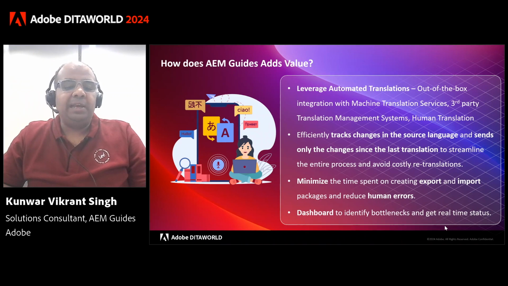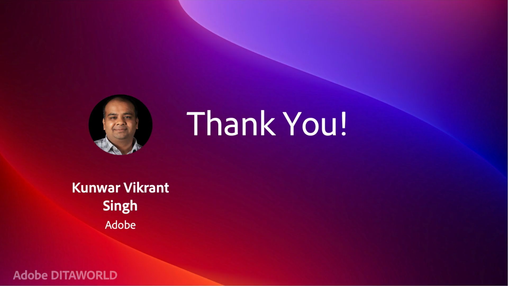This is specifically helpful in case somebody is using third-party translation vendors, the integrated translation vendors, where the translations are happening on a different system, and the moment translations are done, the system here within the dashboard automatically updates the status. Now, this is what we wanted to cover in the session today.